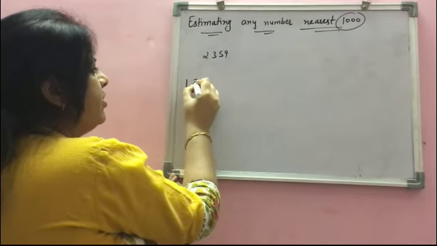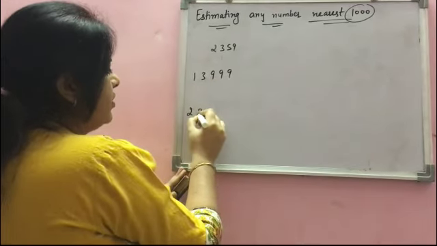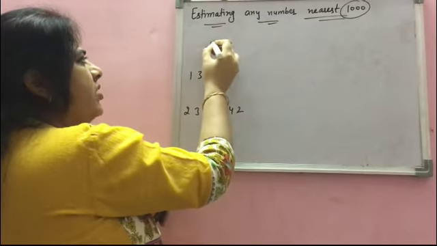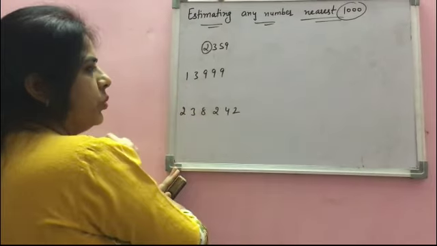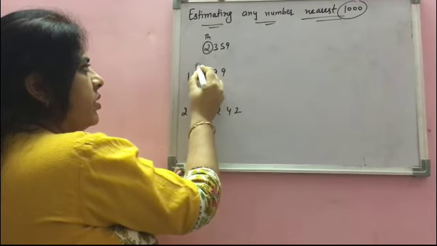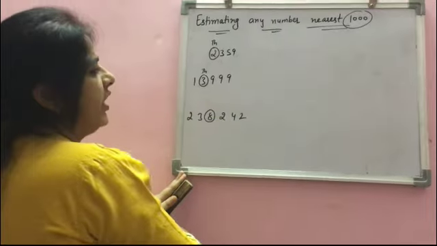Just suppose we have this 5-digit number, this 6-digit number. Now see, what is the 1000 place digit here? 2. Ones, tens, 100, 1000. This is your 1000 place digit, 3. This is your 1000 place digit, 8.